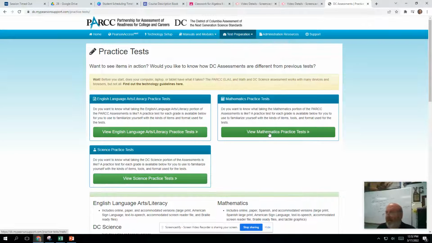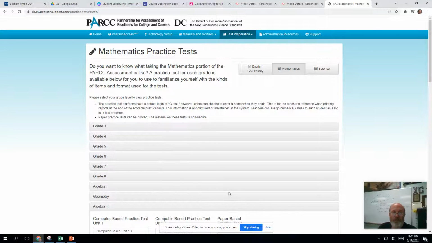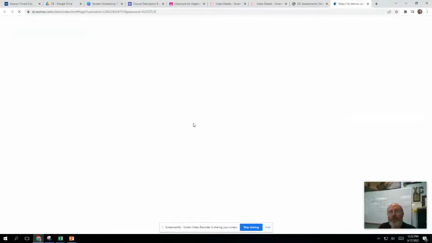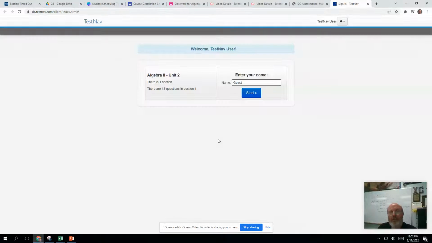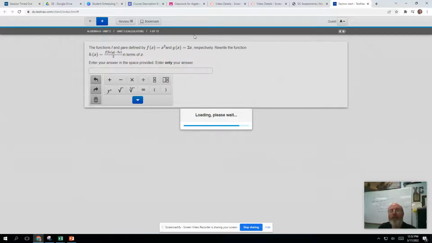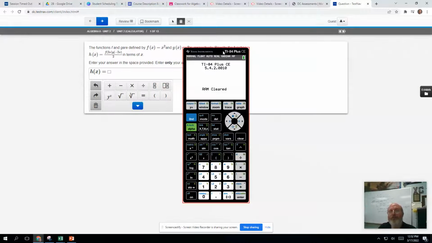We're using the District of Columbia practice test that they designed and put up there for the public to use. Algebra 2, computer-based unit 2, click that. Then click start as a guest, click start again. And then up here at the top, there's a little calculator icon, it gives you a full-fledged TI-84 calculator on your computer.